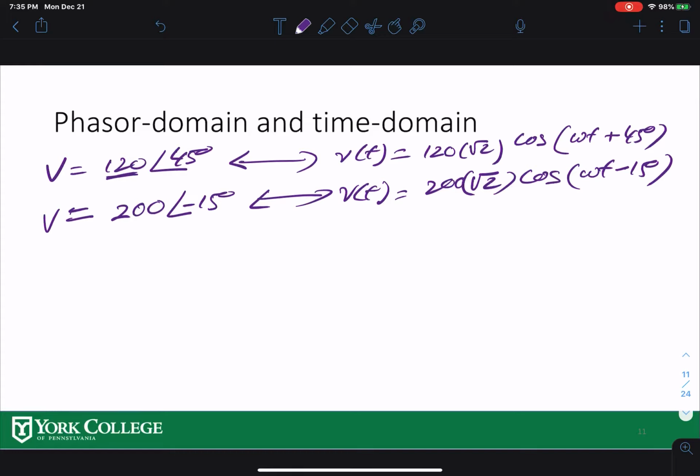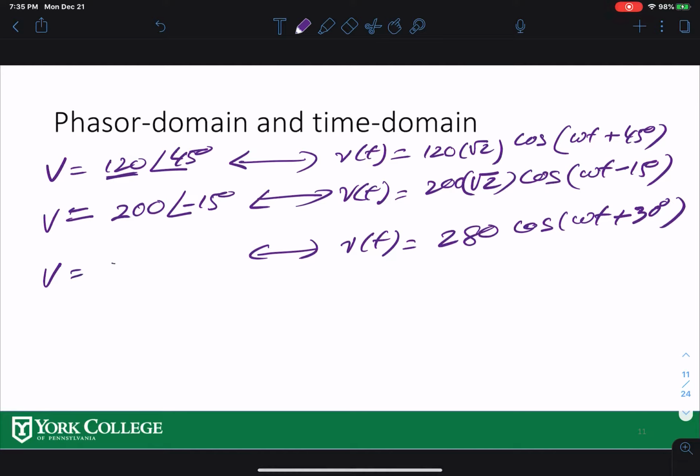On the other side, if I have a time domain signal, say 280 cosine omega t plus 30 degrees, and I want to come to the phasor domain, that would be 280 over square root of 2, and the angle is positive 30 degrees.